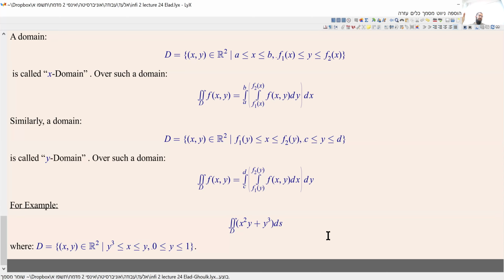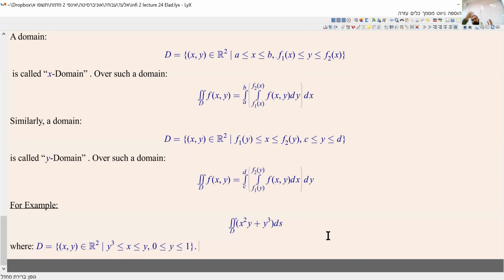Notice that, for now at least, we know how to calculate integrals over 3 types of domains: the rectangular, an x domain, or a y domain. Now, I'm not saying I'm going to ask you about it in an exam or homework, but given an arbitrary domain, one can probably divide it into subdomains, each of which is a rectangular domain or x domain or y domain.